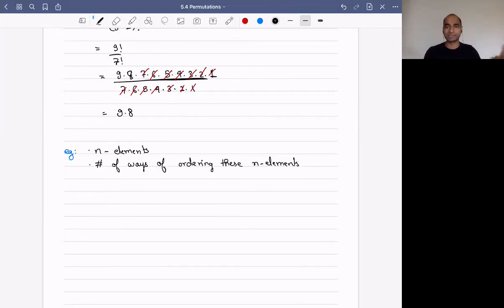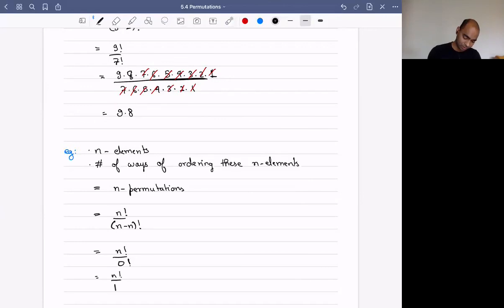In terms of R permutations, this is just n permutations because you are picking n elements in order. The only weird thing is your total set is also of size n, but that's okay. Of the size n set, you are picking an ordered list of size n. And now using the above formula, this is nothing but n factorial over n minus n factorial, which is n factorial over 0 factorial, which is just n factorial over 1. That is n factorial. So n factorial is the total number of ways of ordering a list of n elements.